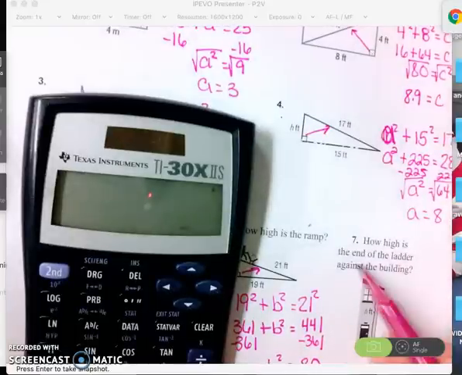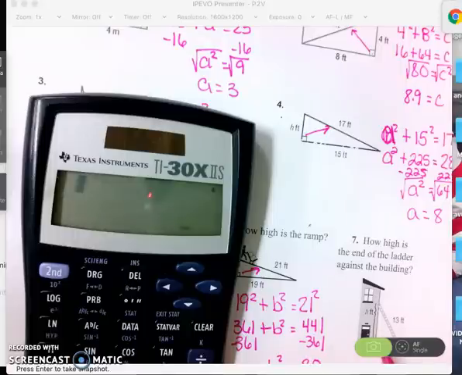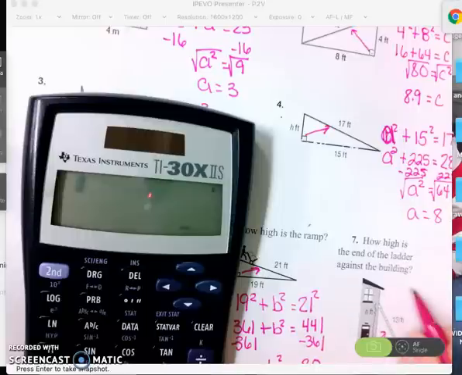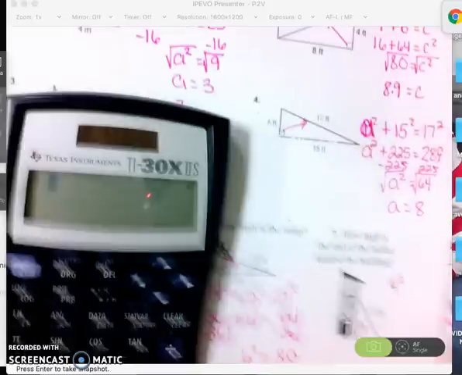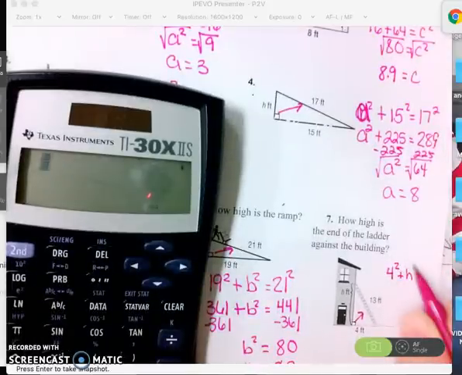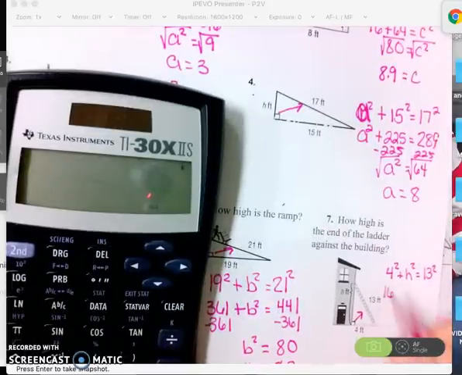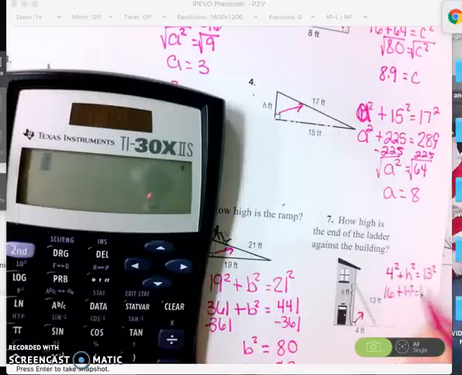Okay. How high is the ladder? No, how high is the end of the ladder against the building? So we're looking for this height of the building from here to here. Well, our right angle is created from our house and the ground, and it's pointing towards the 13. So we have 4 squared plus our h squared equals 13 squared. 4 squared is 16. 13 squared is 169.